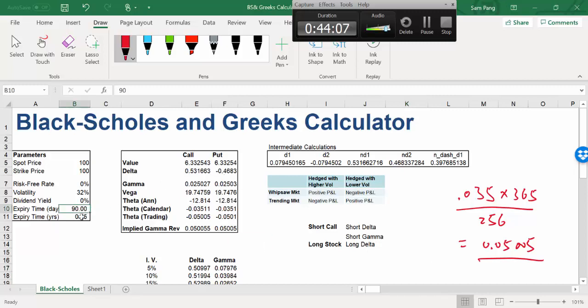If you change that to 89, can you see that the price has changed? The value of the option has changed. Okay, that is the time decay.